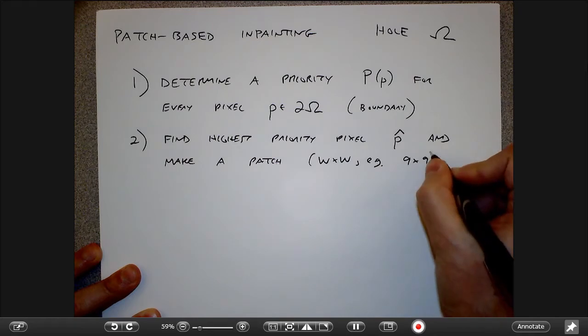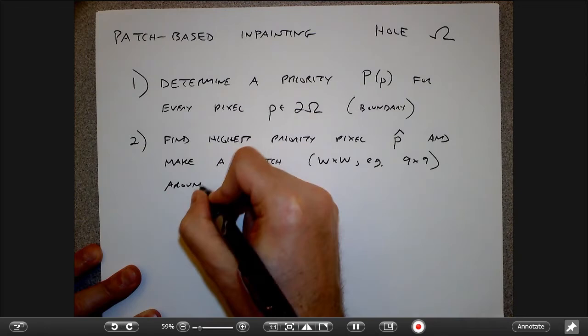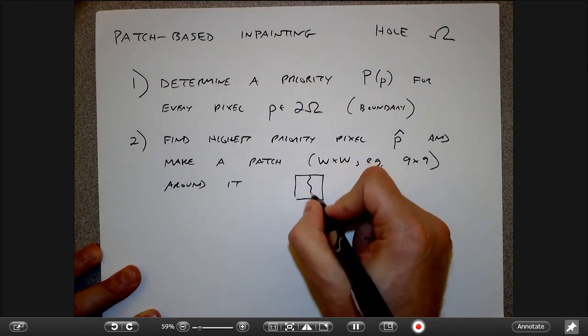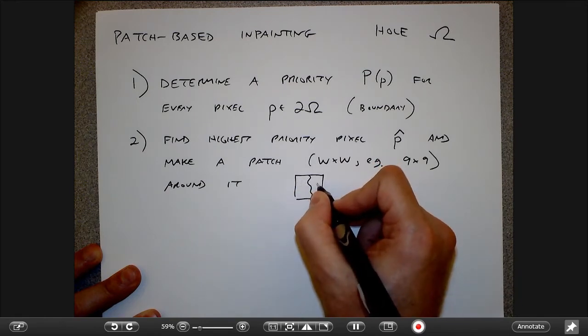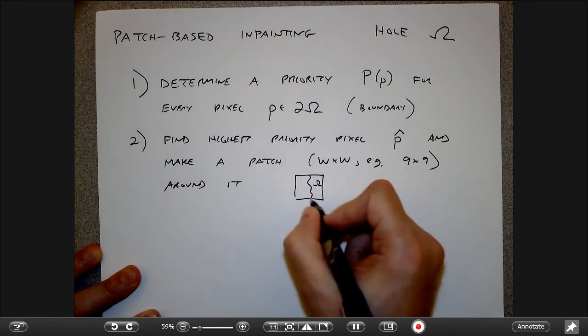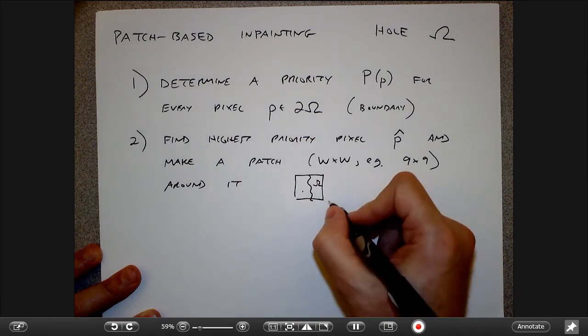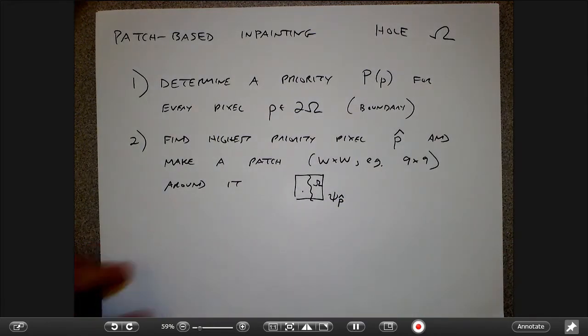You can set the size of this patch. So that means that I've got some part of this patch that is inside Omega, and then I've got some part of this patch that is the original image, okay? And so I can call this my psi sub p hat, right? This is the best patch I found along the boundary.